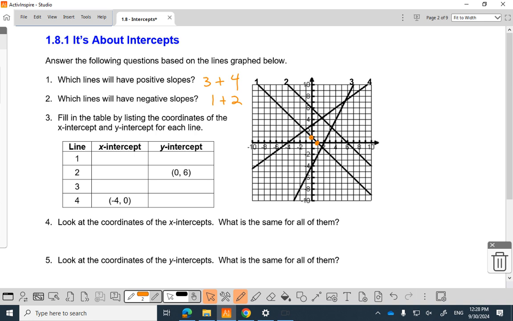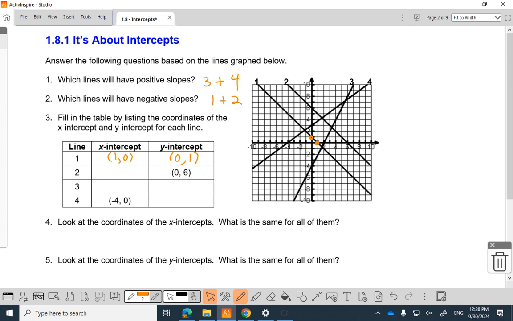Yeah, hard to see on your page, I think. Yeah, really hard to see. But if you look at my grid, can you see that the x-intercept is at 1? Yeah? And I'm going to put the coordinates of the point. It's at 1, 0. And the y-intercept is at 0, 1.